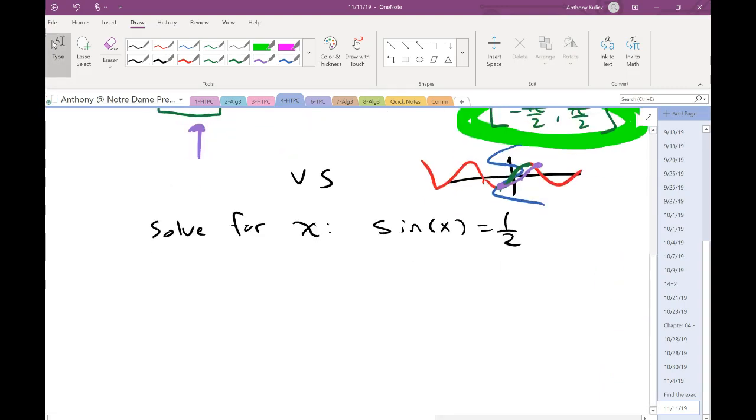So if we look at this problem, if we ask to solve for x, well, the natural first thing to do would try to cancel the sine off, right? What would we need to do to cancel out this sine in front of the x? We'll apply sine inverse to both sides.